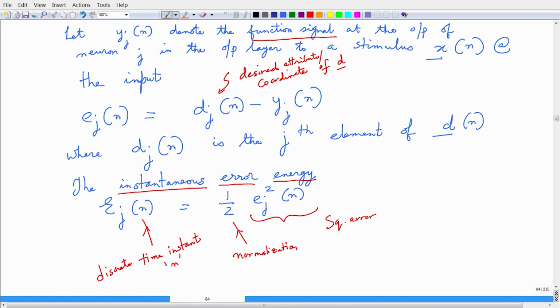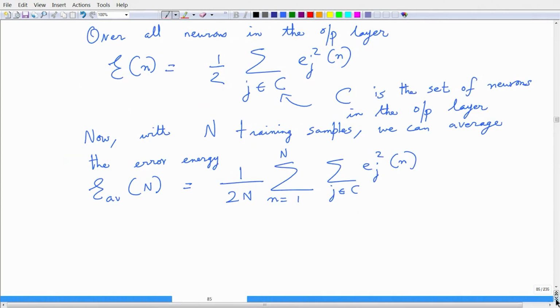Okay. From this we have to compute the energy, that is the error energy over all the neurons in the output layer, right. We have to compute the instantaneous error energy over all the neurons in the output layer, and this is given by this quantity E of n, which is 1/2 sigma j belonging to C, where C is the set of neurons in the output layer, the summation e j square n, right.